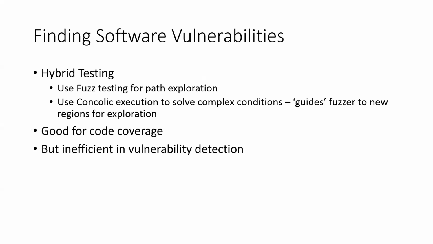We use the fast fuzzing for path exploration, and when we meet complex conditions, we switch to concolic execution to reach those hard-to-reach code regions. This guides the fuzzer to new regions for code exploration. This hybrid method is good for code coverage, however it can be inefficient in detecting vulnerabilities.